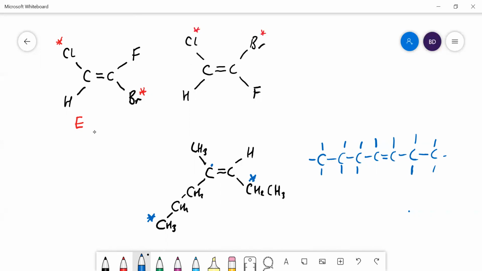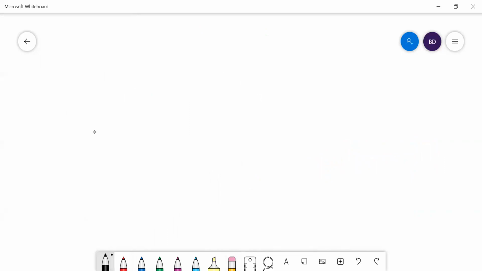Okay, right. Just to show you how these are drawn in skeletal formulae, let's just do that very quickly. I'll do it with butene, okay? Here I've drawn that's the Z form, isn't it?